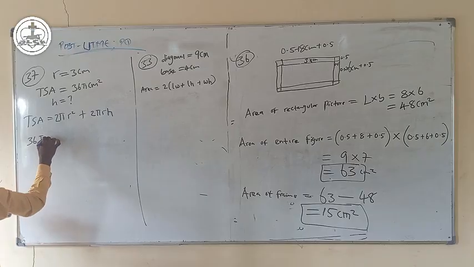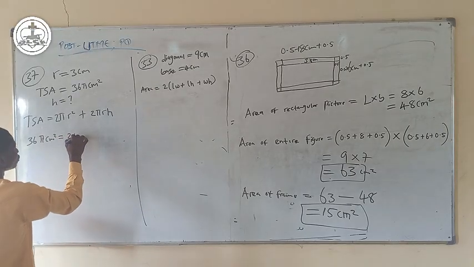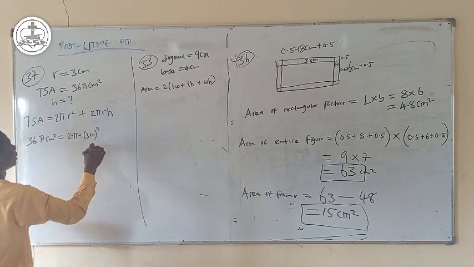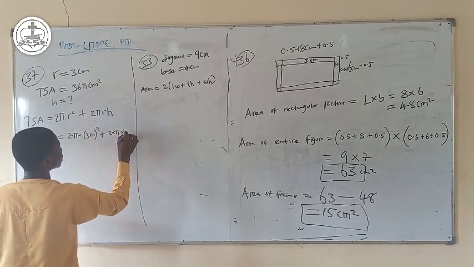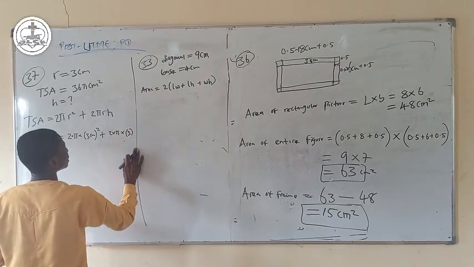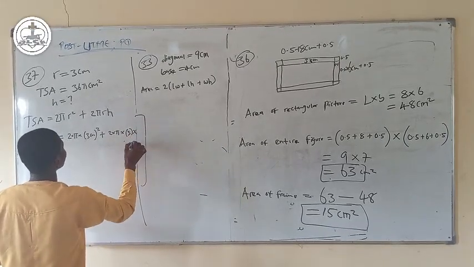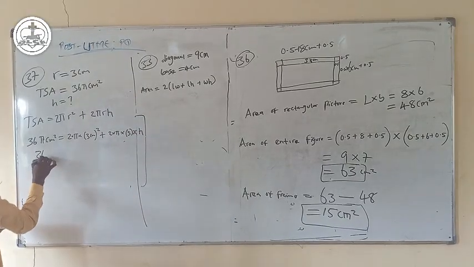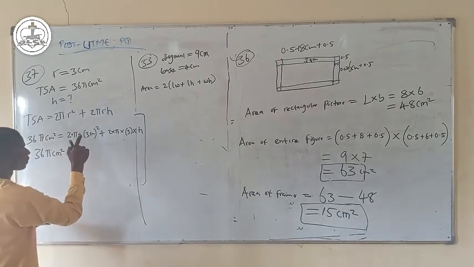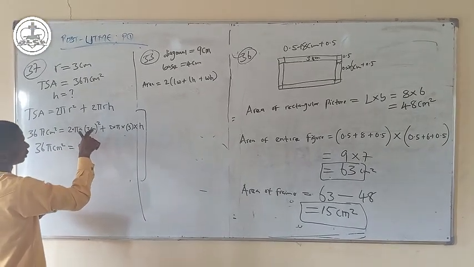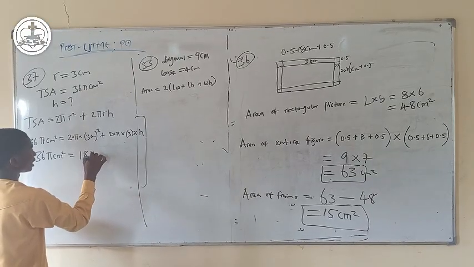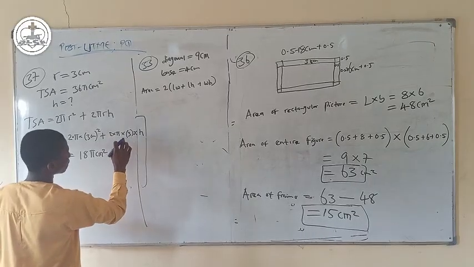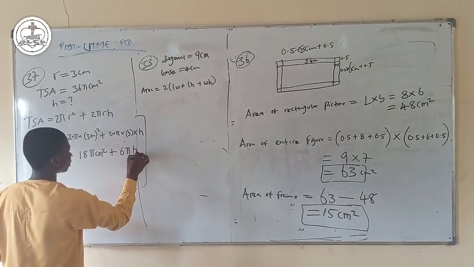So 36 pi centimeter squared equals 2 pi times r squared, that's 3 centimeter squared, plus 2 times pi times r, which is 3 centimeters, times our height. We don't know our height; that's what we're looking for. So 36 pi equals 18 pi centimeter squared plus 6 pi h.